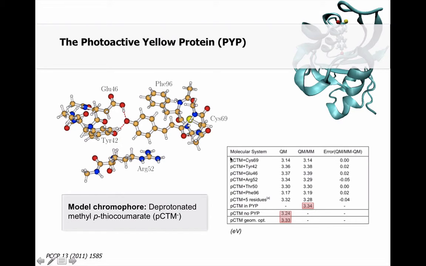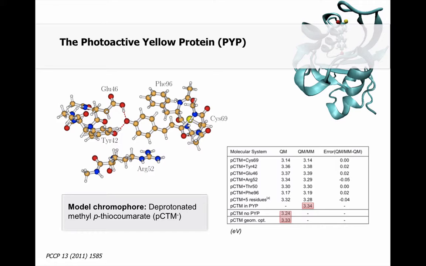For such dimeric systems, we calculated the lowest excitation energy using a full QM method and using the polarizable embedding method. By comparing these two results, we could evaluate the error introduced by splitting the total system into two parts, one part treated using quantum mechanics and the other part treated using molecular mechanics.